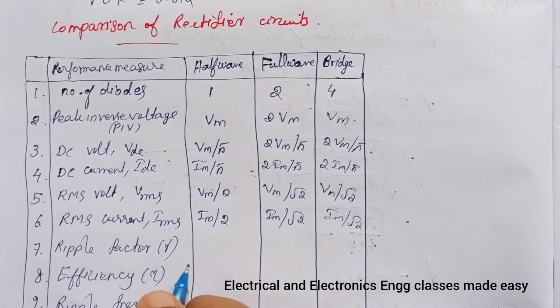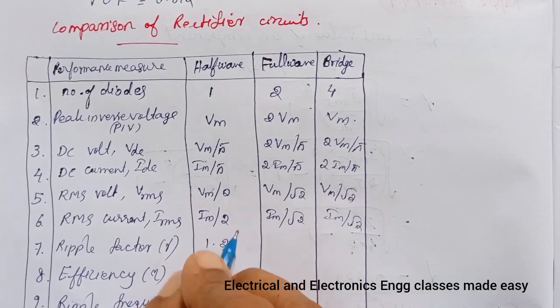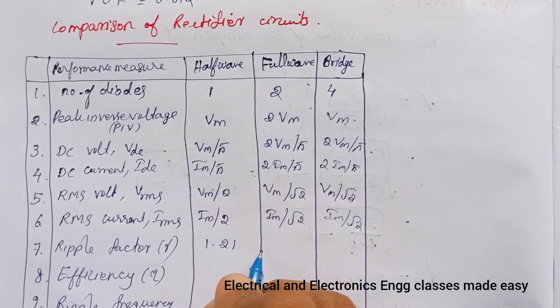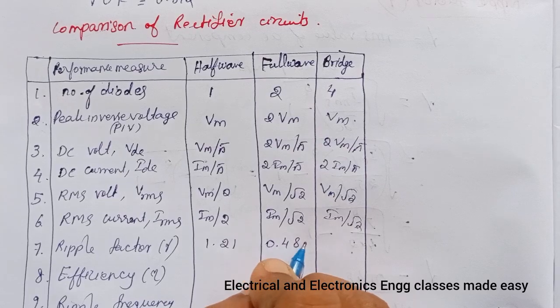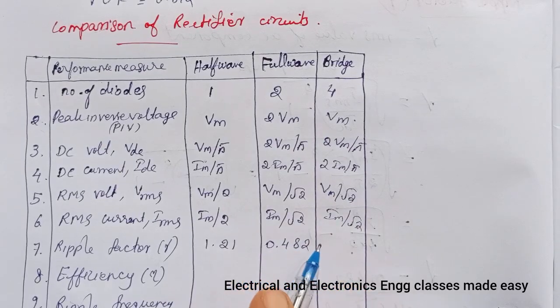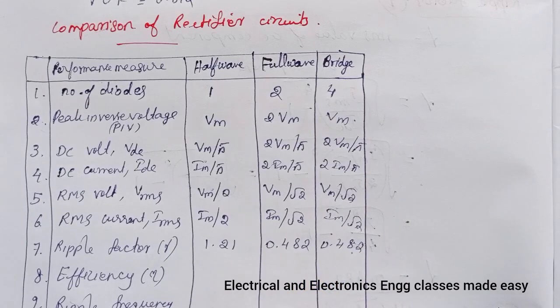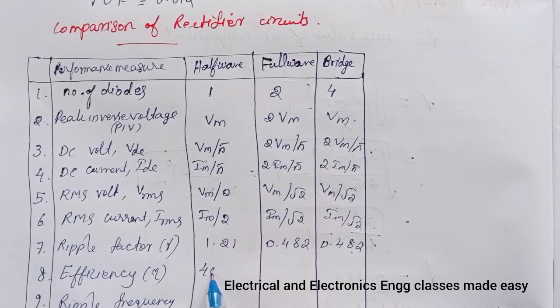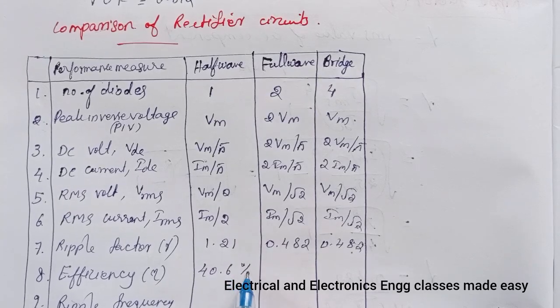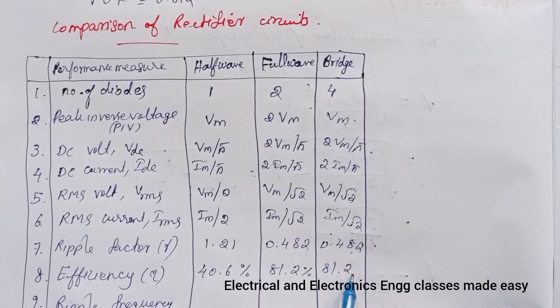Then ripple factor is 1.214 for half wave, then 0.482 for full wave and bridge rectifier. Then efficiency is 40.6% for half wave, then 81.2% for both full wave and bridge rectifier.